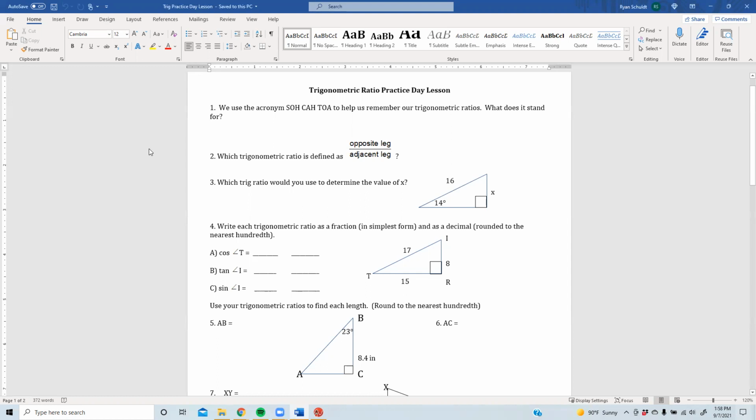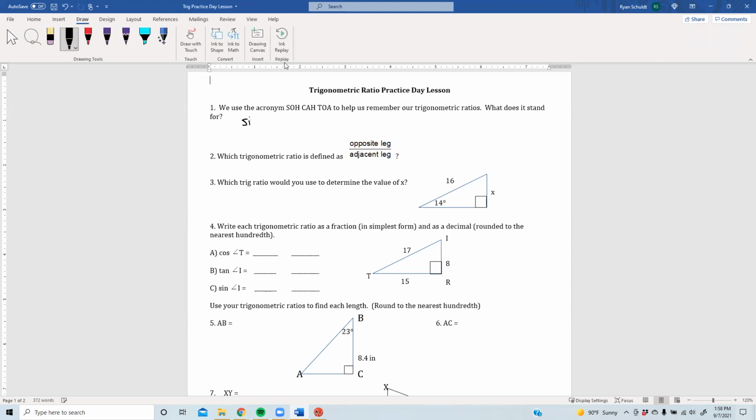So trig ratios again. Just to kind of help us start off, we used the acronym Sohcahtoa to help us remember our trig ratios. But what does Sohcahtoa really stand for? Sounds like an Indian name, but it's not. It stands for the sine of an angle is the opposite over the hypotenuse.